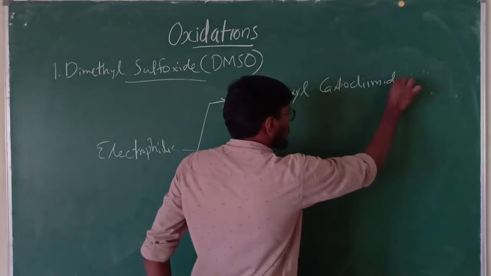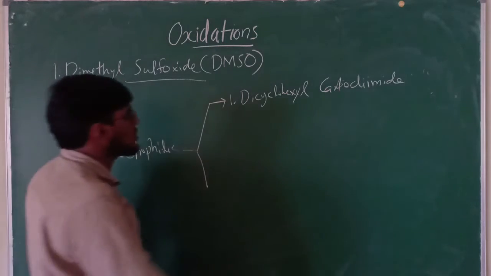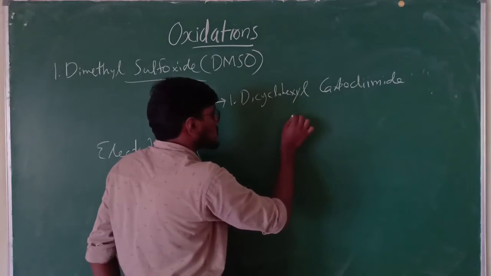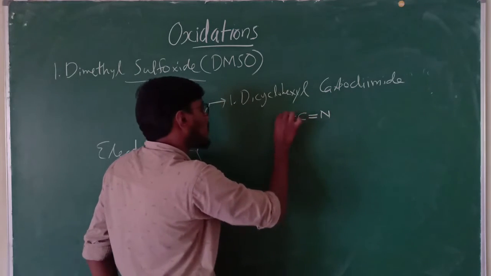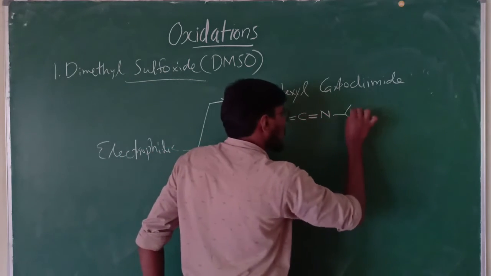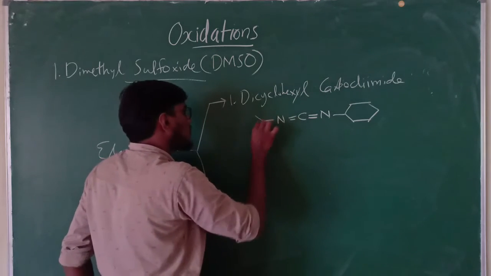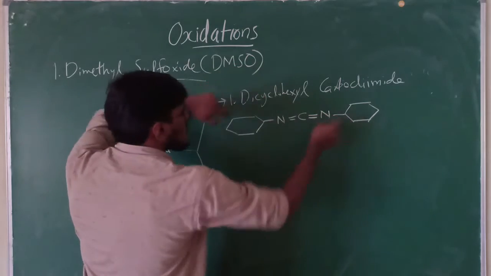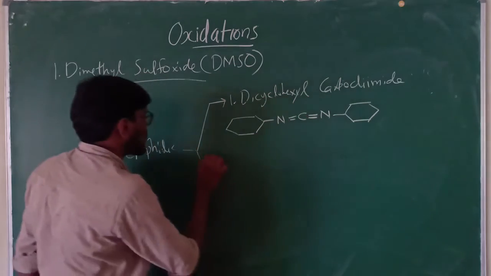This is one of the compounds involved in DMSO oxidation. This acts as the activating agent. The structure of this compound will be like this: C double bond N, double bond N, with 2 cyclohexyl rings. So dicyclohexyl carbodiimide is the first possibility.